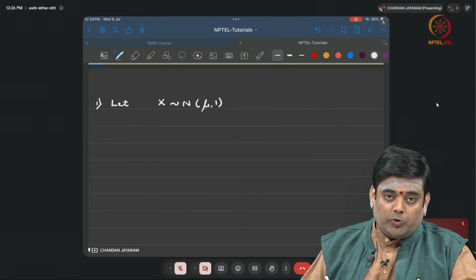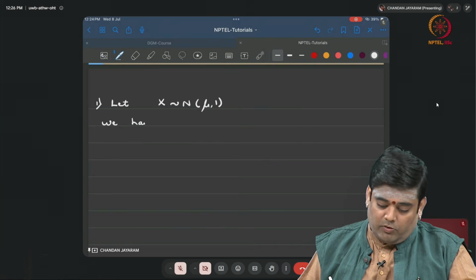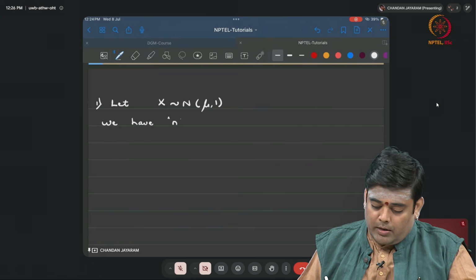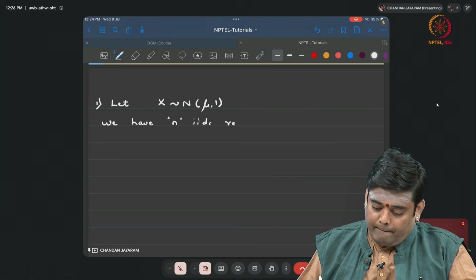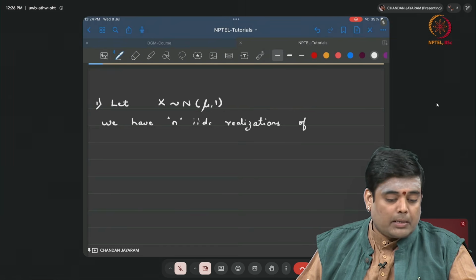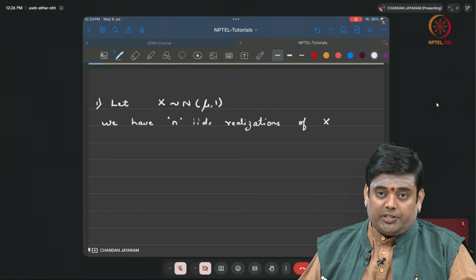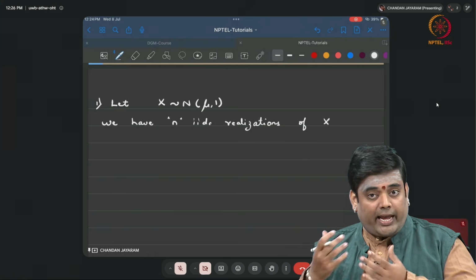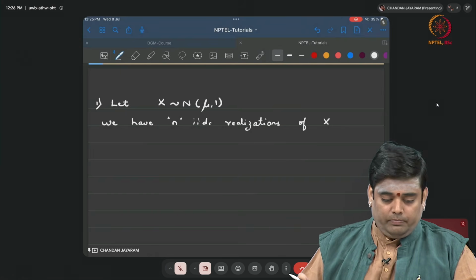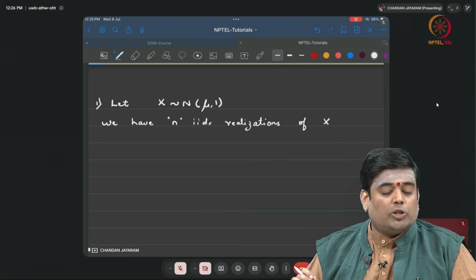From this distribution, we have n IID realizations of x. But while taking the observations, we did not note down the actual value of the observation, we only noted whether it is positive or not.